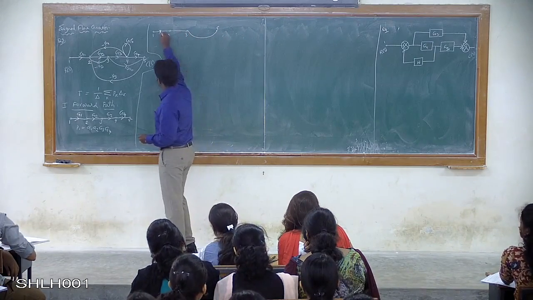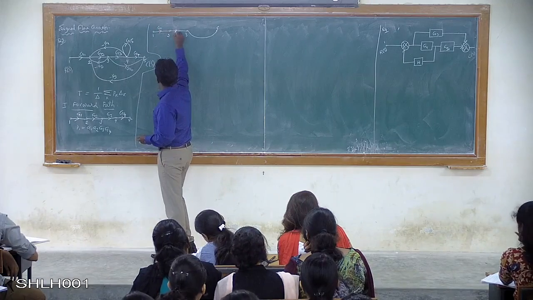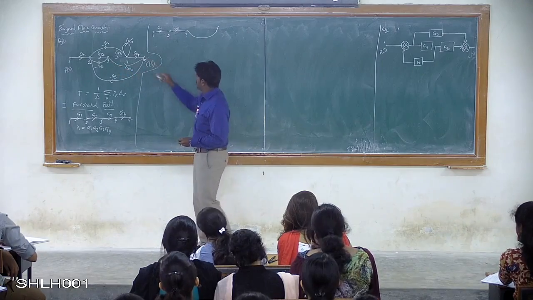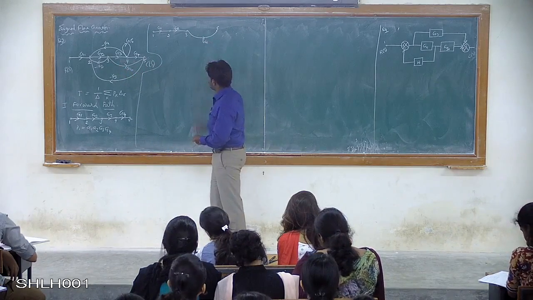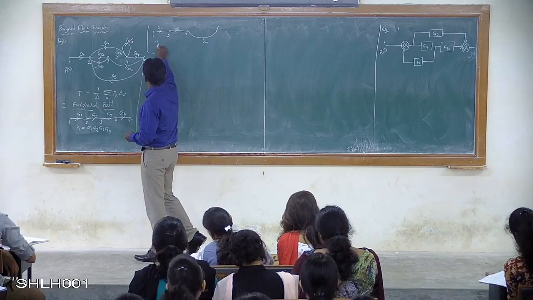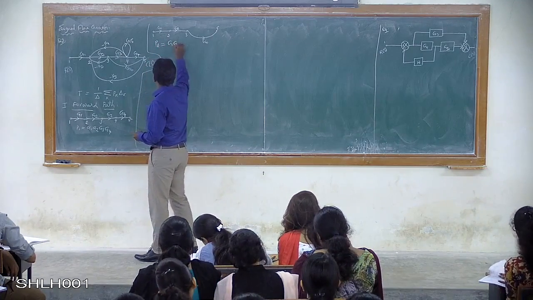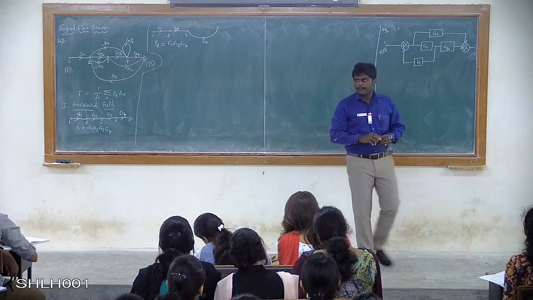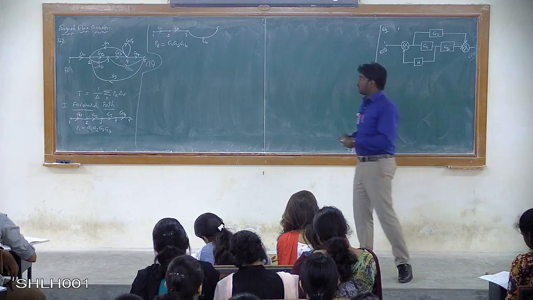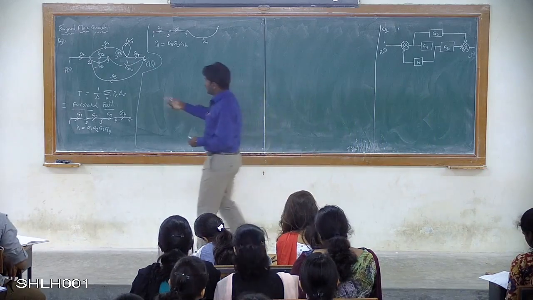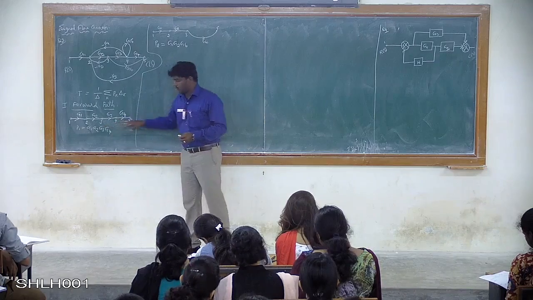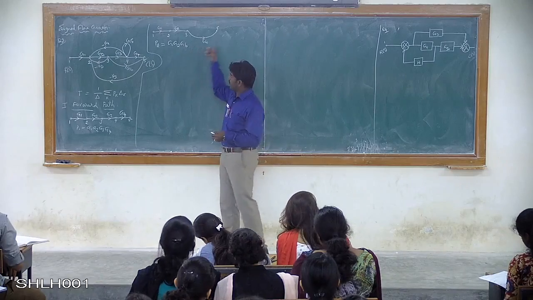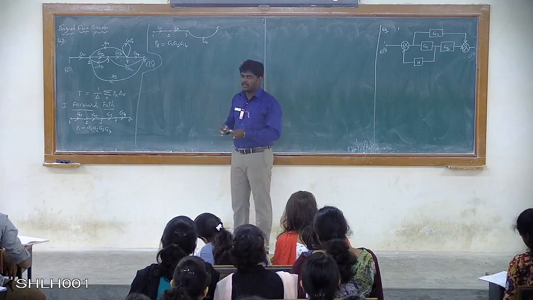We write down the gain values G1, G2, and from 3 to 5 the gain value is G6. We have just found two forward paths of the given signal flow graph. These are the node numbers used in the first forward path, this is the second forward path we identified, and this is the gain value we got.